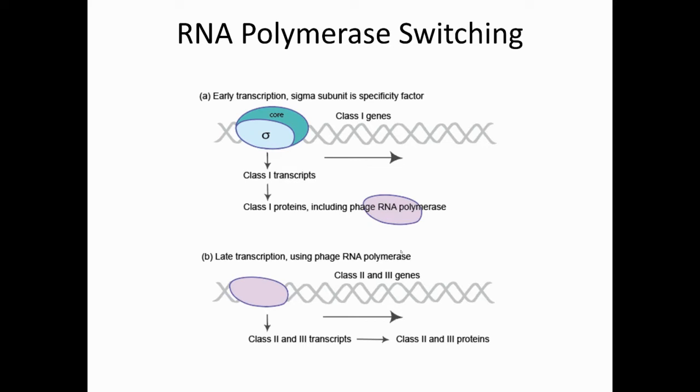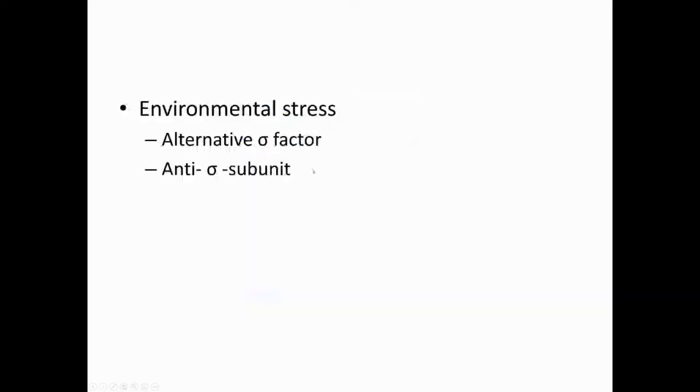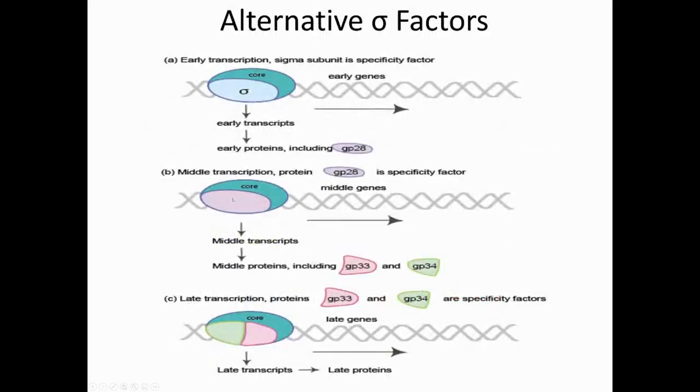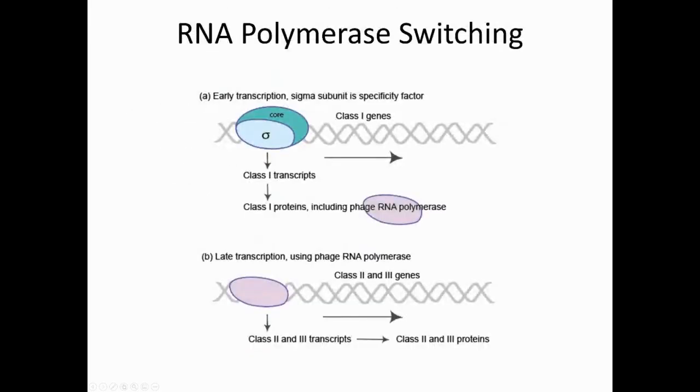Instead of making a new sigma subunit, the class 1 gene forms a new RNA polymerase. That means a complete sigma factor and core enzyme. Here you will see the new sigma factor, and this is the bacterial core enzyme. But in here, both core enzyme and sigma factor are completely new. So that'll be the polymerase switching, okay?